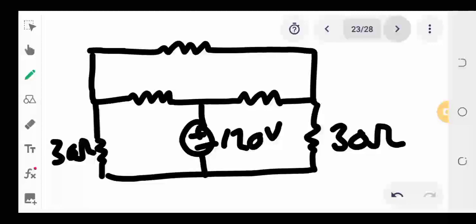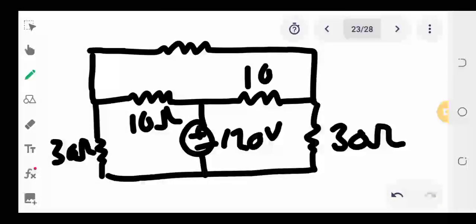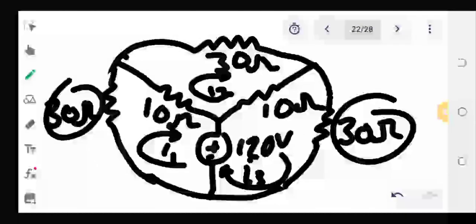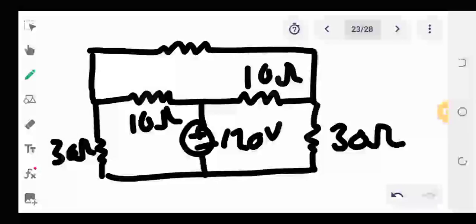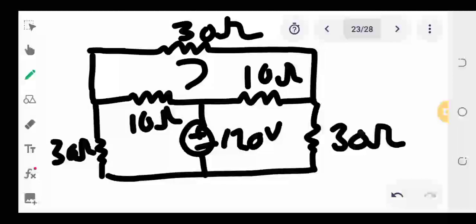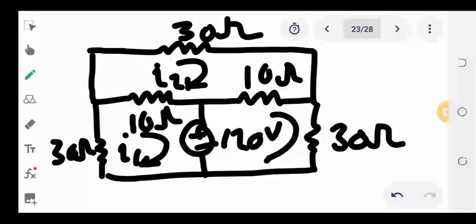Then we have 10 ohms. Even here we have 30 ohms. So that's all. Now these are the currents. We have this as our I2, then this is our I1, then this is our I3.